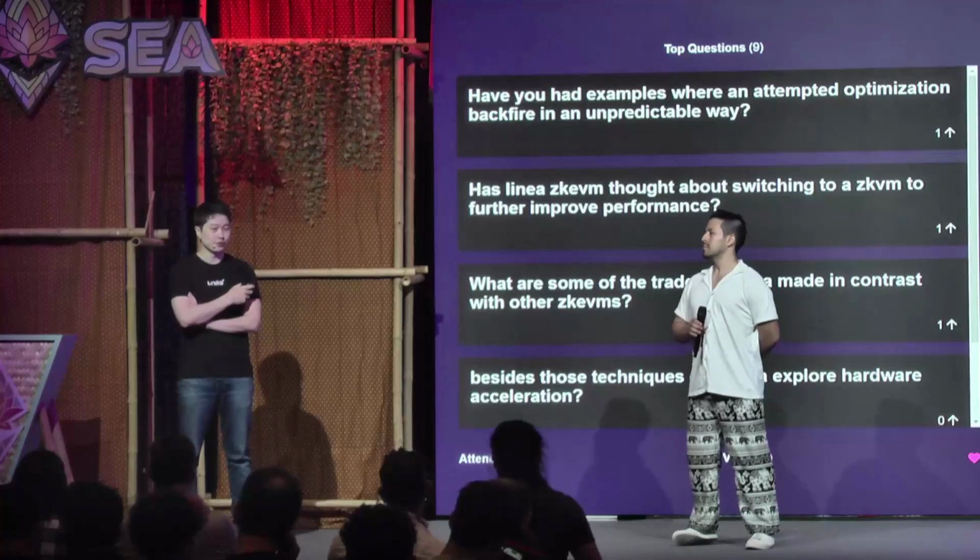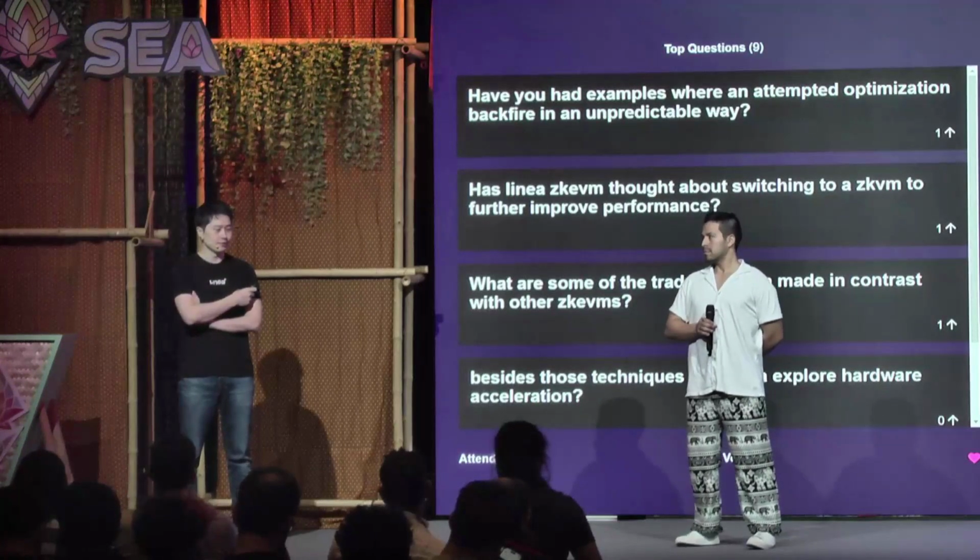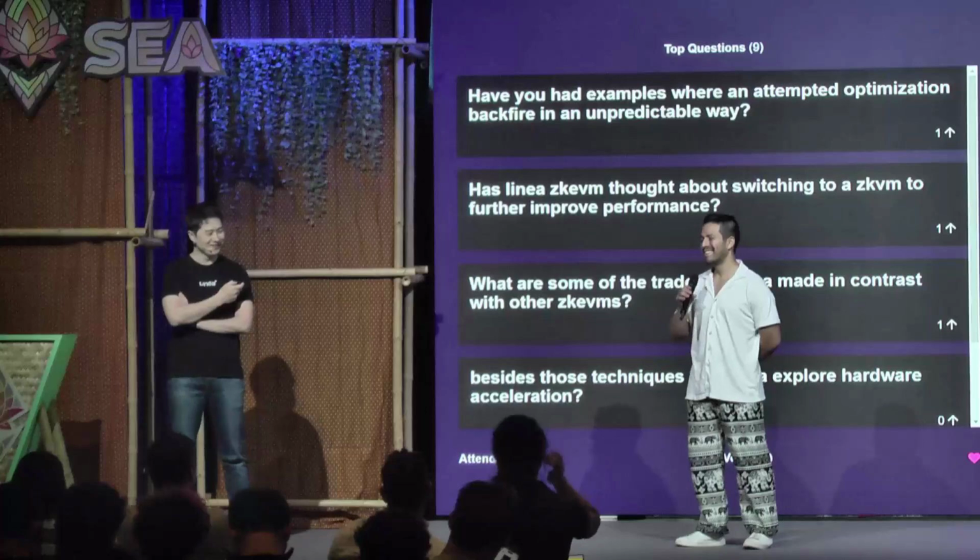Not only the prover itself, but the number of transactions or service level agreements or something like that. So it doesn't depend solely on prover optimization. It's more than that.